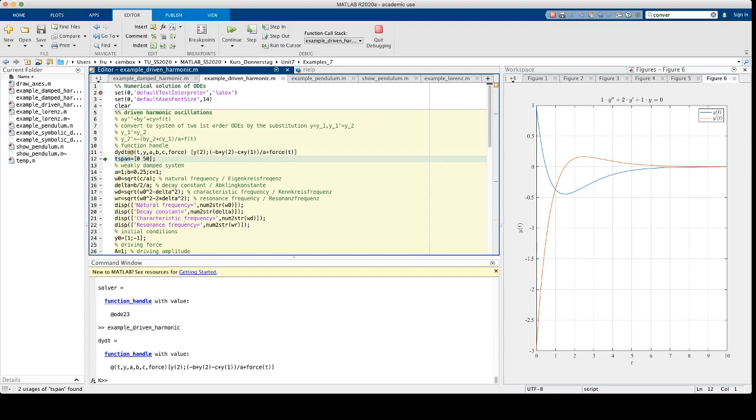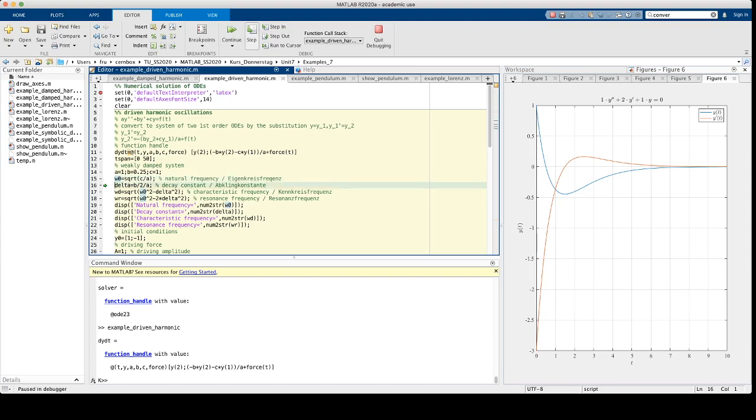We define a time span. We define the coefficients A, B, and C such that it's weakly damped, which means that there is resonance. This system can be characterized by some well-known physical concepts. First, we have the natural frequency, Eigenkreisfrequenz in German.